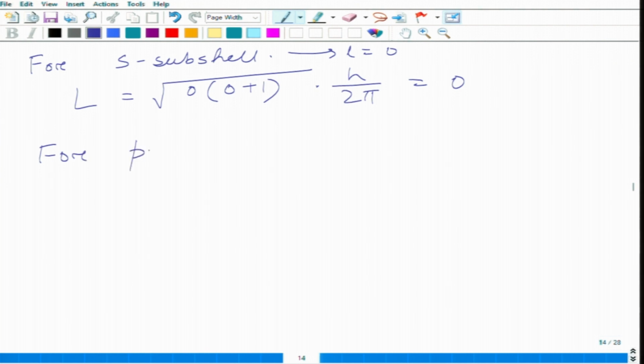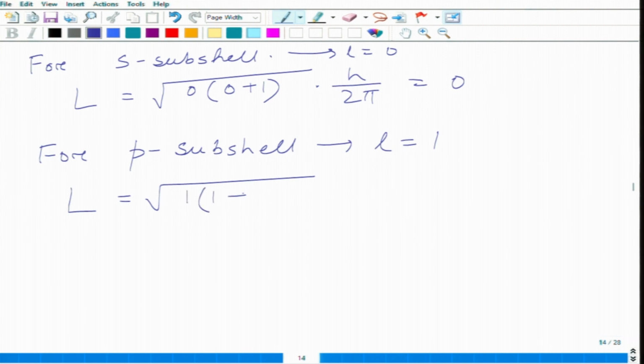For p subshell, we have L equal to 1. So capital L will be 1 into 1 plus 1 into h by 2 pi. So this will come as root 2 into h by 2 pi.